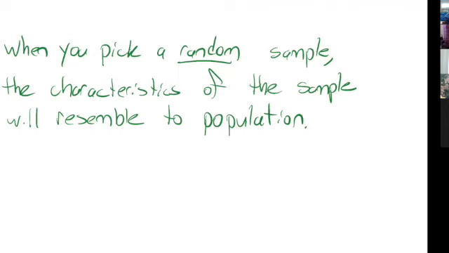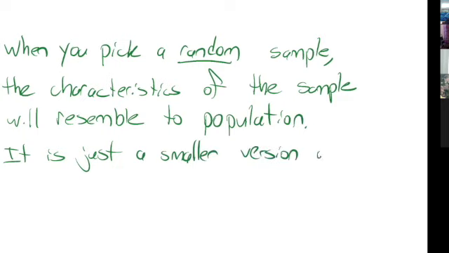But if you're doing this unbiased and randomly, then you're just picking a subset of the population that should resemble the population in just about every way, except for the fact that it's smaller. We just get some smaller version of the population.